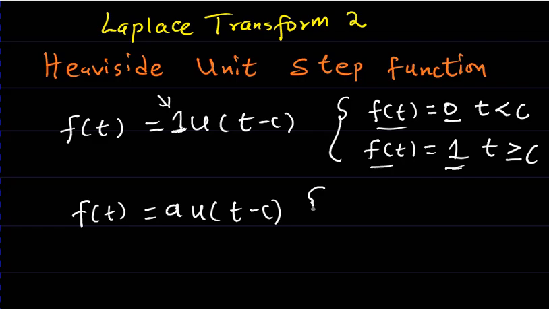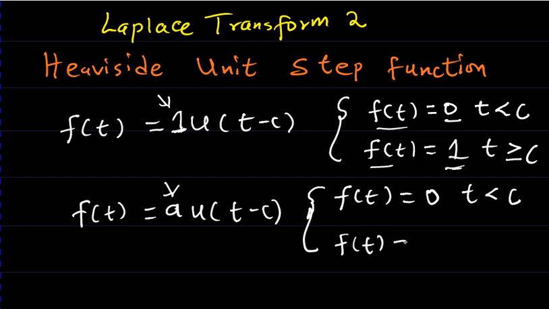The function will be equal to 0 at any value of t that is less than c, but the function will output the entire a. f of t will be equal to a at any value of t that is greater or equal to c. So please take note of that. That is a unit step function.